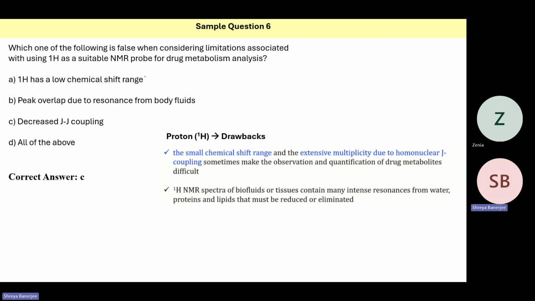This is correct and it's a drawback. This will result in spectral overlap. There is peak overlap due to resonance from body fluids. This is also correct because the body fluids are mostly water and that will have a strong 1H signal. So there will be peak overlap. So these two are correct. Decreased J-J coupling is false because 1H has extensive J-J coupling, which results in a lot of multiplicity. So this is false. And the question is asking which is false. So the correct answer is C.